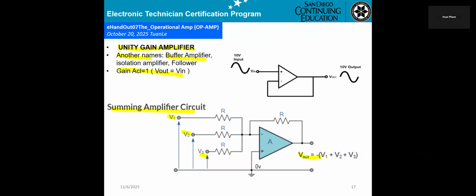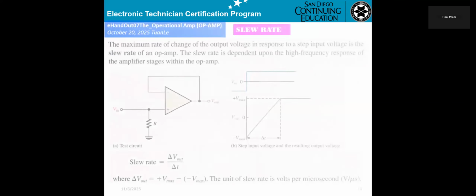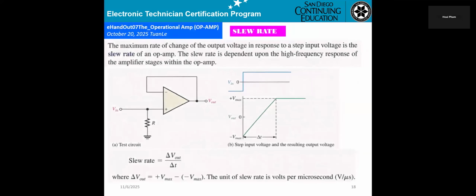Vout will be equal to minus the total of V1 plus V2 plus V3. That's what they call a summing amplifier.